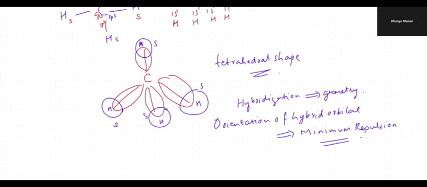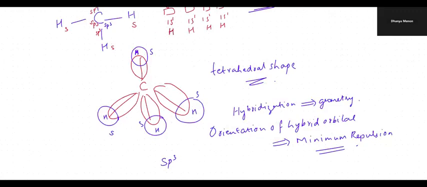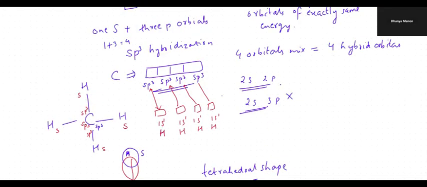Okay, and one more important point is that the sp3 hybrid orbitals that are formed, all these hybrid orbitals have the character of s and p both.